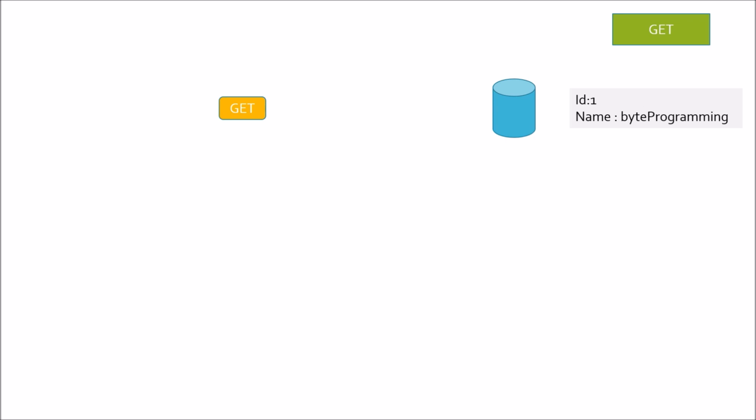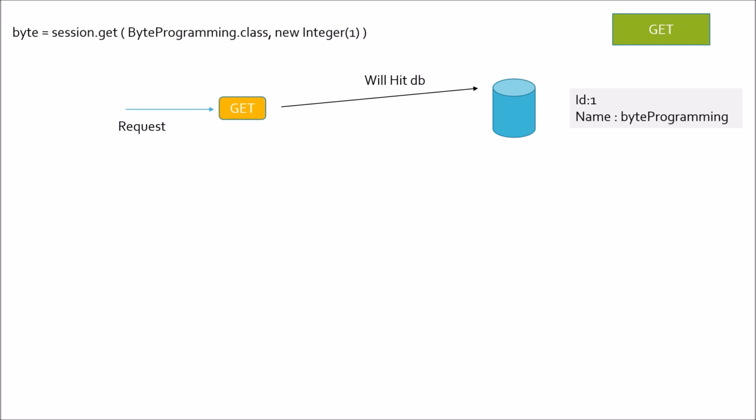If you look at the syntax, we have byte equal to session.get, passing the model class ByteProgramming.class and a serializable instance of the identifier, here new Integer 1. So when my program runs and I call this get method, it will directly hit the DB and the response is returned and stored in byte.